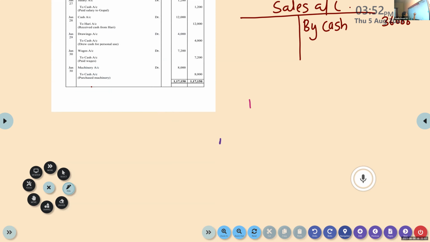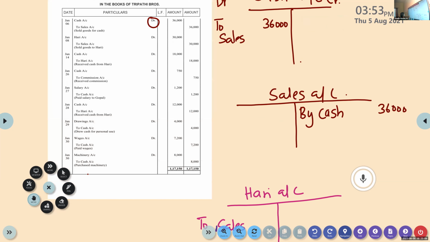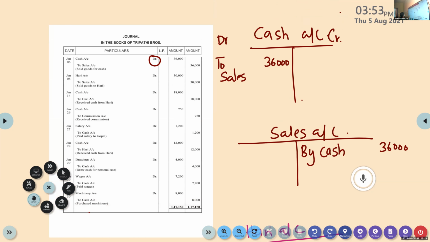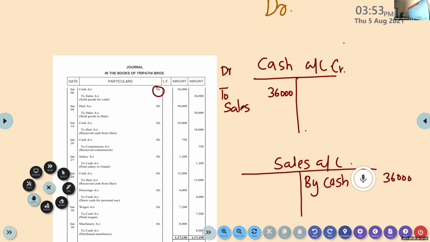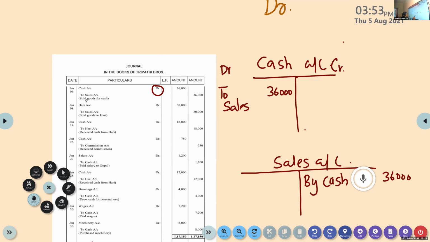Hari account. What is the entry? Hari account debtor to sales. What is the amount? Hari account debtor to sales, 30,000.